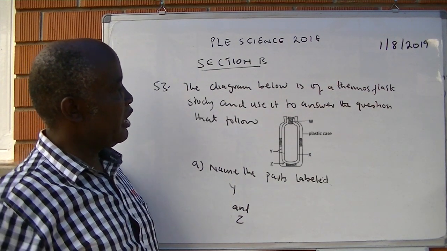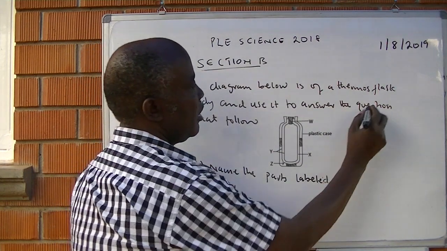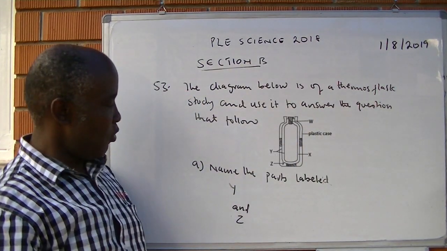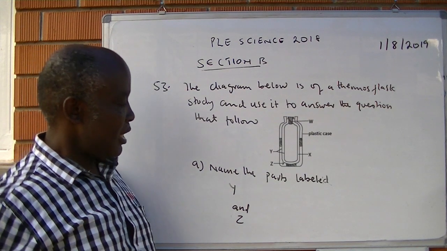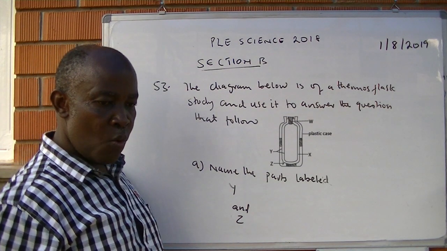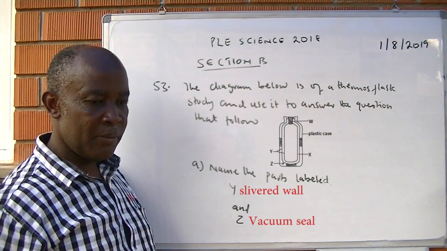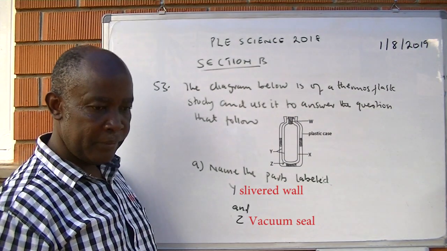Study and use it to answer questions that follow. Name the parts labeled Y, silvered walls, and Z.